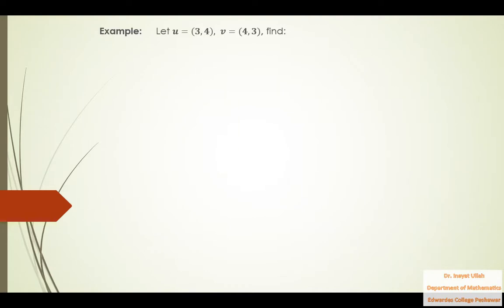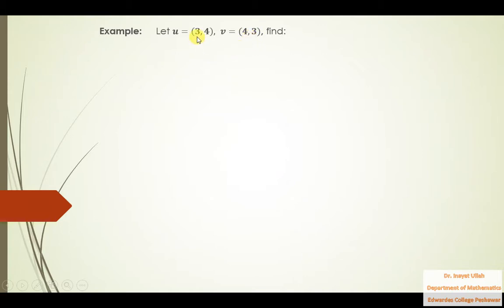U is 3 comma 4. You can write this u as a column vector 3 4, and in ij notation that is 3i plus 4j. Similarly, v can be written in column form as 4 3, and in ij notation that is 4i plus 3j.